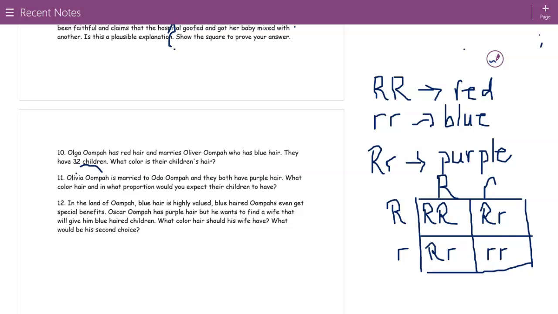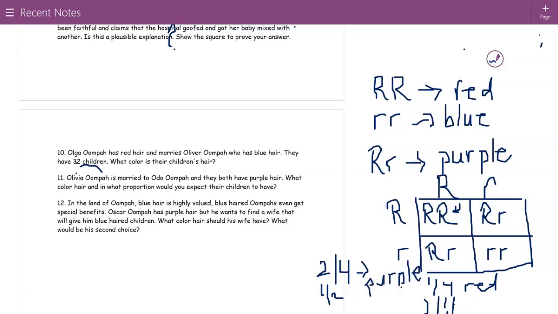You have 1 out of 4 with red hair, right here. 2 out of 4, or 1/2, with purple.